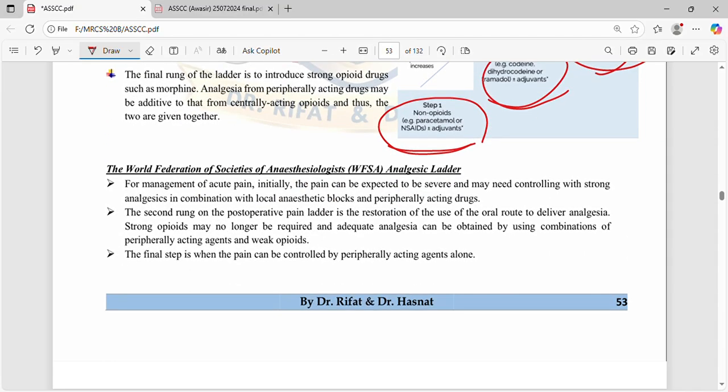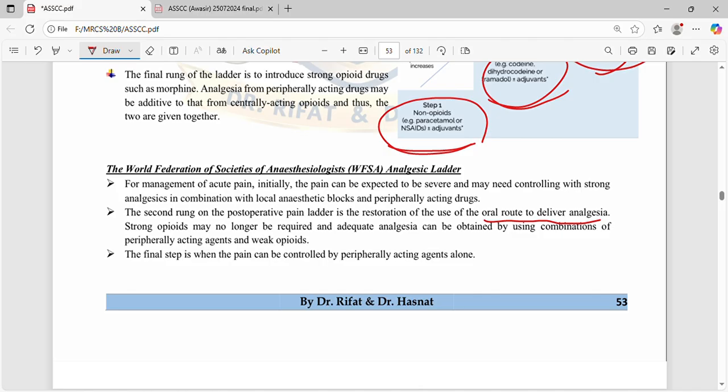So for the management of acute pain, initially the pain can be expected to be severe and may need controlling with strong analgesics in combination with local anesthetic blocks and peripherally acting drugs. The second rung on the postoperative pain ladder is the restoration of the use of the oral route to deliver analgesia. Strong opioids may no longer be required, and adequate analgesia can be obtained by using a combination of peripherally acting agents and weak opioids. The final step is when the pain can be controlled by peripherally acting agents alone.